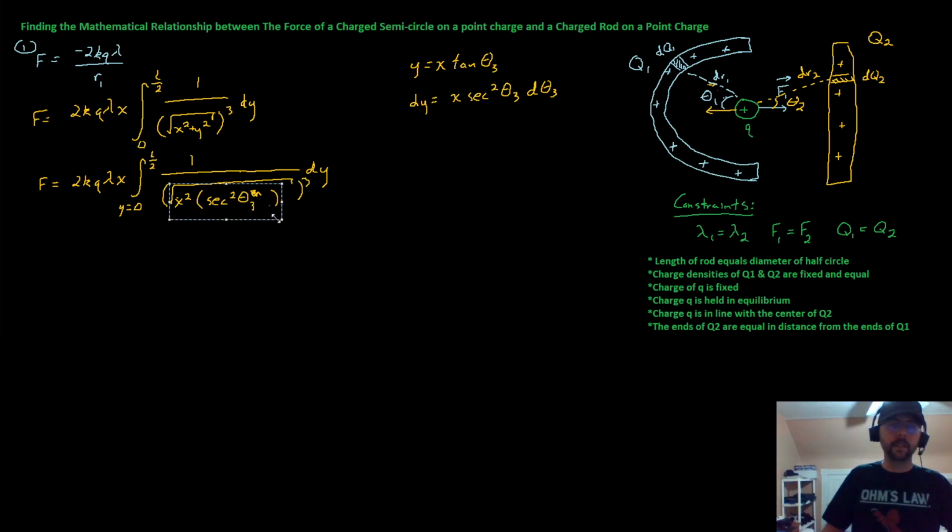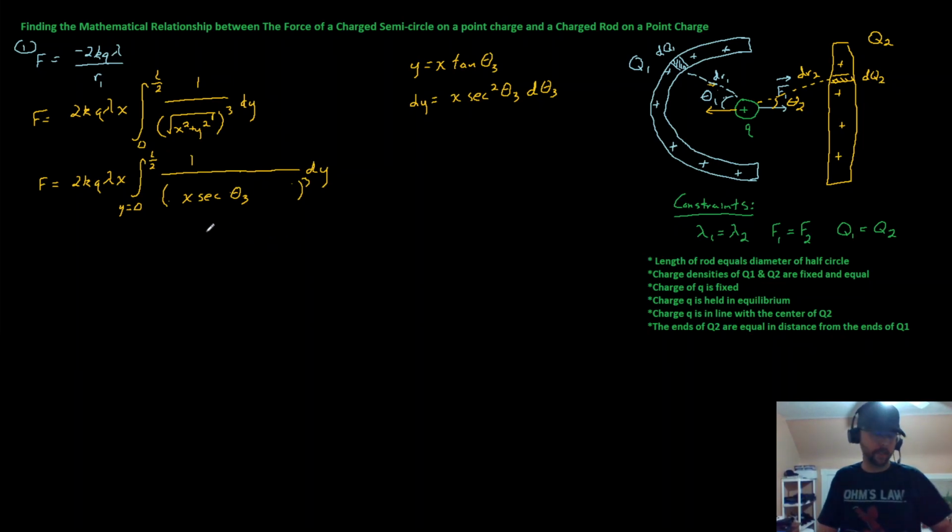So we're going to get x secant theta sub 3. No, that's not secant squared. It should just be secant. And let me double check because I erased the thing that I would have wanted to look at.